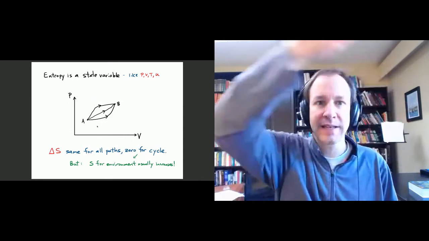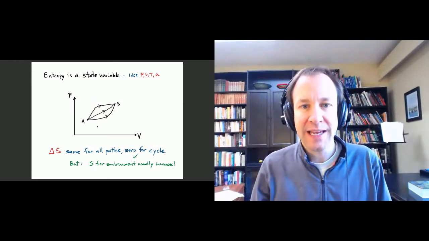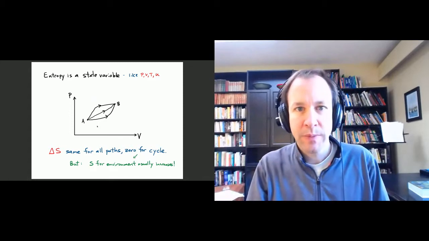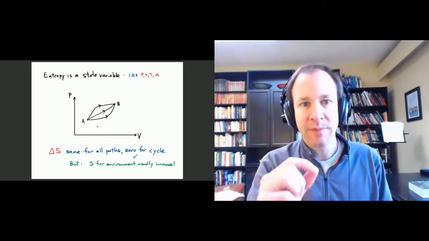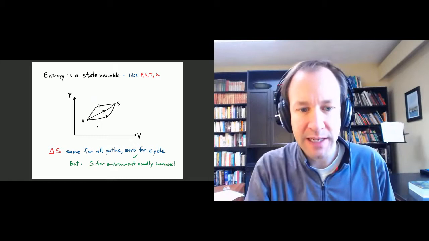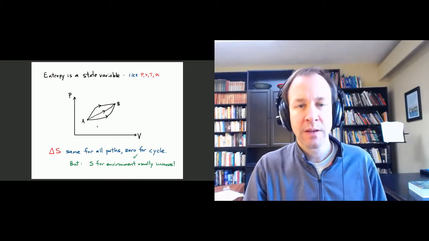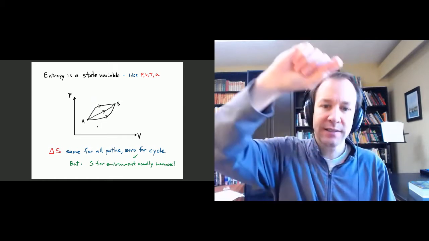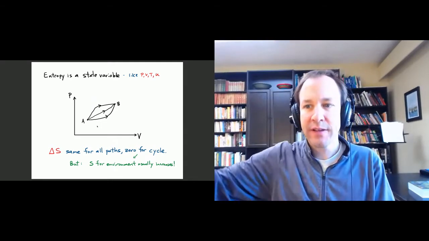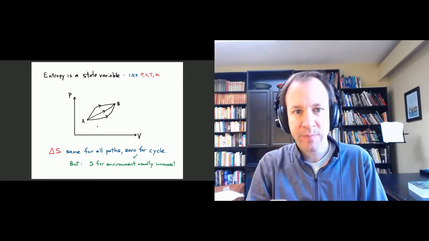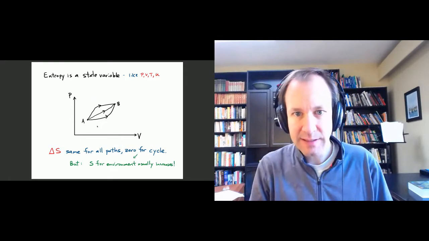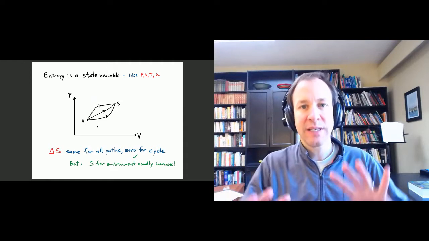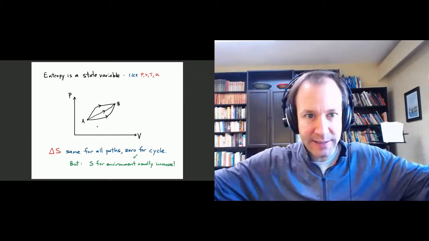And for a full cycle, the entropy change is going to be zero, because we're coming back to the same configuration and therefore to the same entropy. One important point is that in such a situation, even though you come back to the same situation with, say, your gas in a cylinder, and the entropy comes back to the original entropy, it may still be that the entropy of the environment increases.